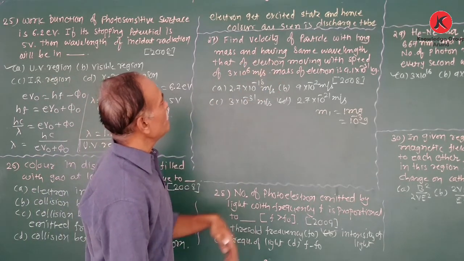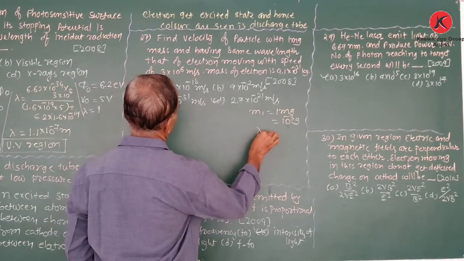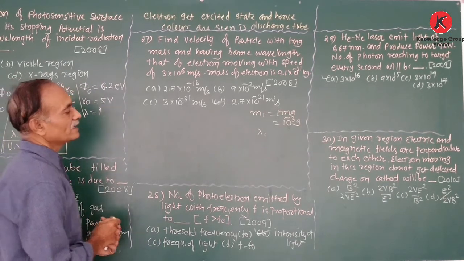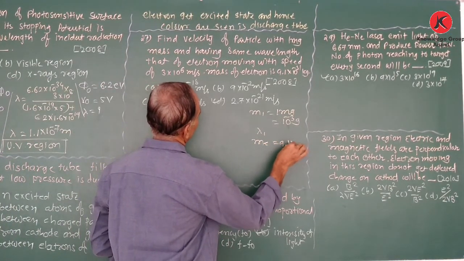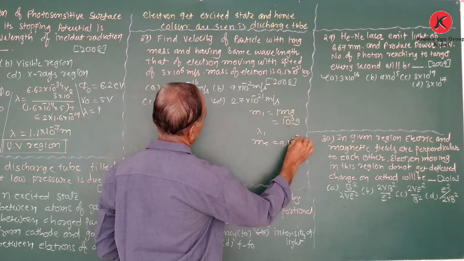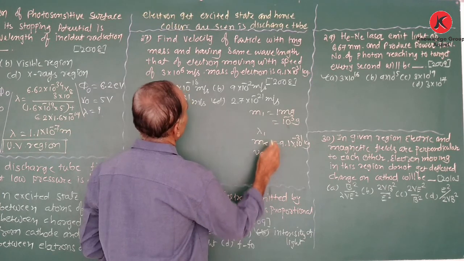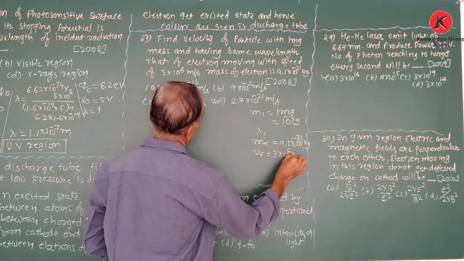Moving with the same wavelength, that wavelength is lambda 1, as that of an electron moving with a speed. The mass of the electron Me is given as 9.1 × 10^-31 kg. The speed of the electron is given as 3 × 10^6 meter per second.